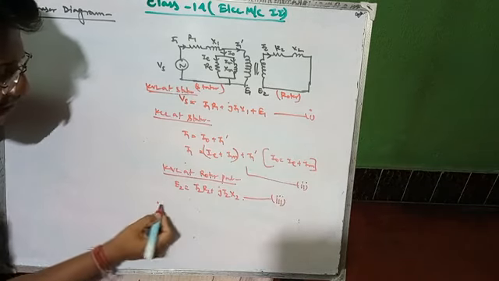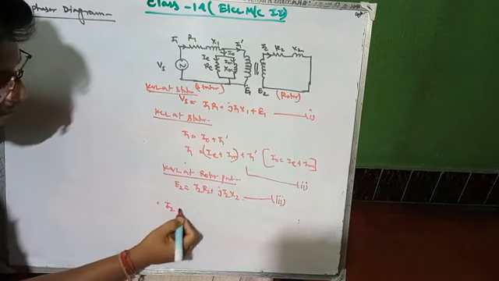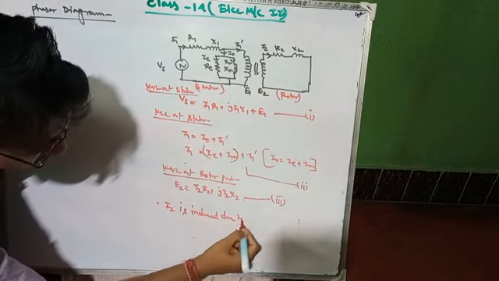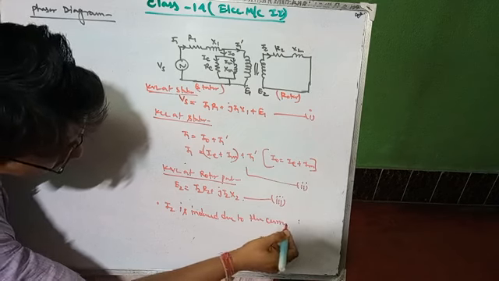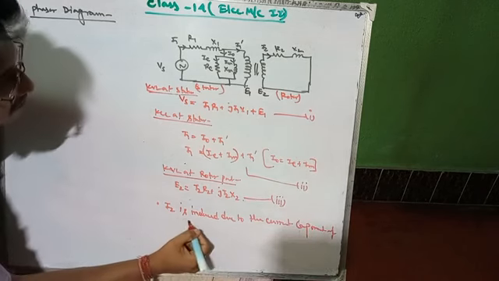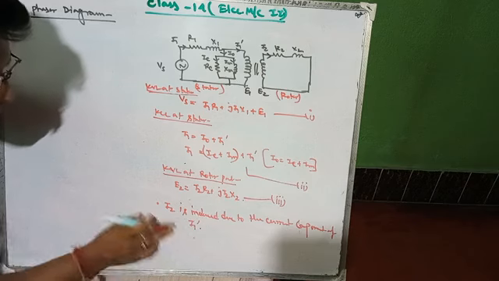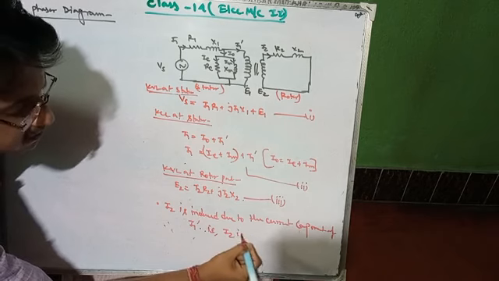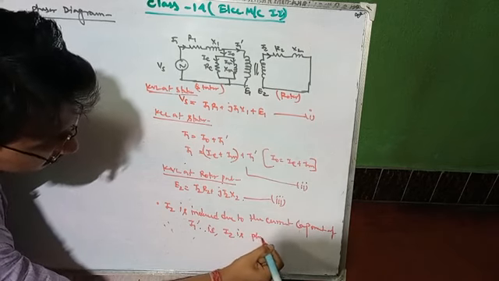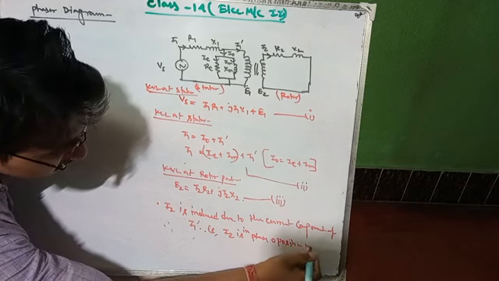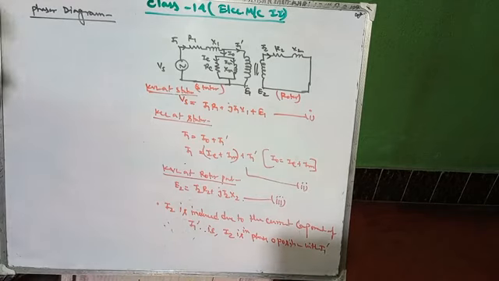Another concept you have to write: I2 is induced due to the current component I1 dash, that is, I2 is in phase opposition with I1 dash. Okay, I2 is in phase opposition to I1 dash.